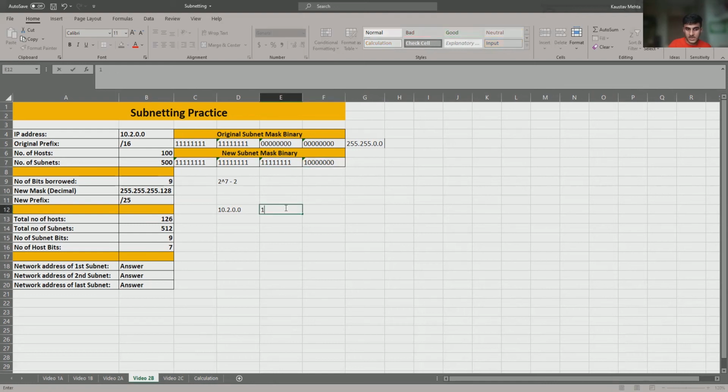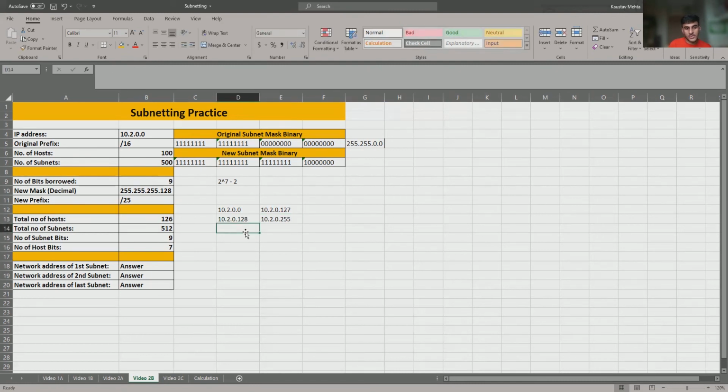The first one will be 10.2.0.127, and this one will be starting with 128: 10.2.0.128 all the way to 10.2.0.255. And then this one here will be 0. My apologies.